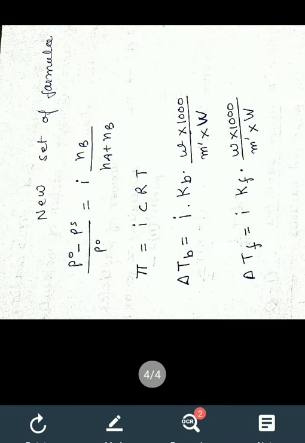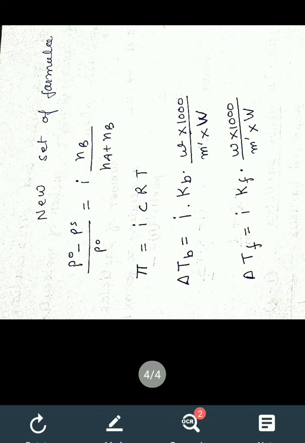Now using van't Hoff factor, our new set of colligative property formulas becomes somewhat modified. Like for the first formula, it was relative lowering of vapor pressure, that was equal to the mole fraction of solute.